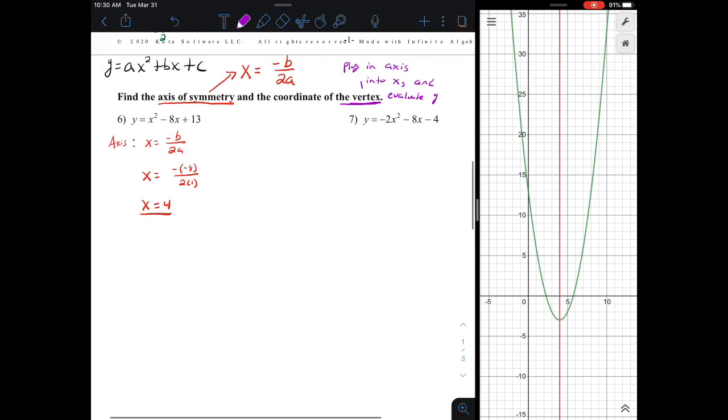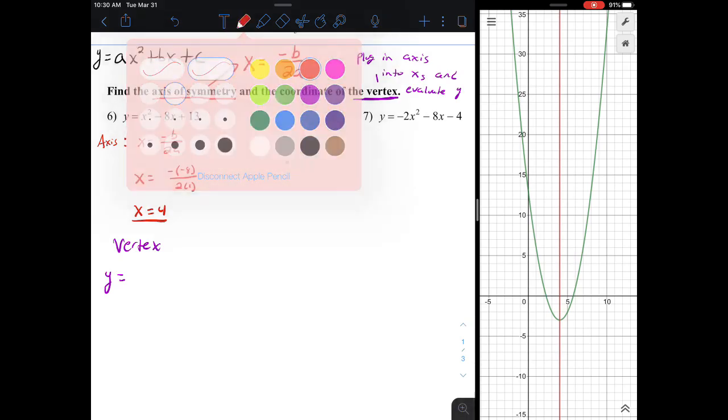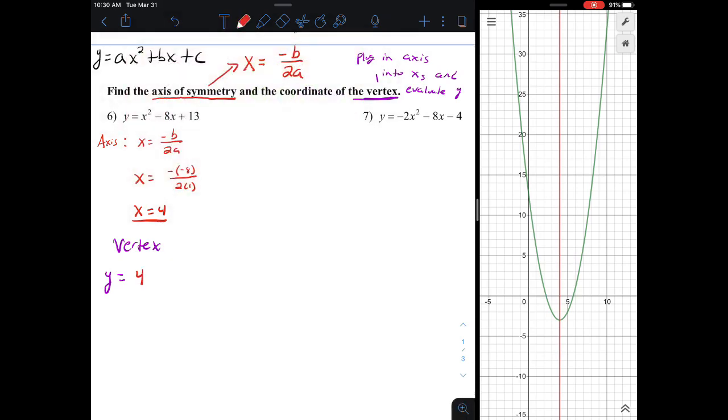So if I'm looking at my axis of symmetry being 4, I'm going to go back in. So to find my vertex, we're going to have y equals, I've got to get its y value because I know the x value of this thing is 4. So it'd be 4 squared minus 8 times 4 plus 13.